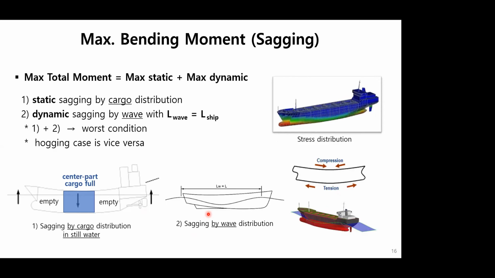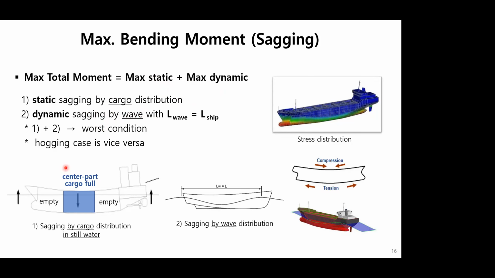I'd like to add some more about the bending moment, especially the case where the bending moment becomes maximum. The total bending moment can be divided into static and dynamic components. Static is due to cargo load distribution along the ship length. Dynamic is due to wave loads.